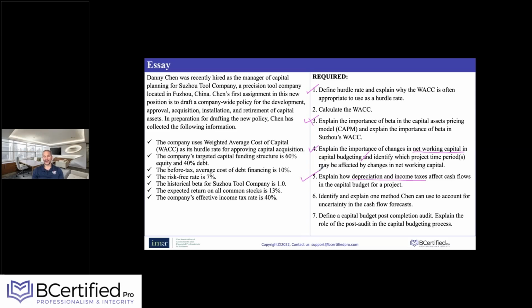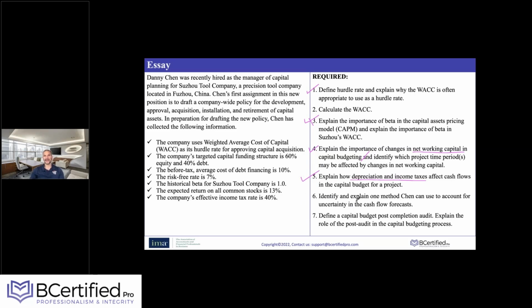So we need to account for depreciation and calculate taxes first, because taxes are cash outflows. They have to be accounted for, thus they reduce our cash position. And then we need to add back depreciation to get our net cash position, because depreciation is a non-cash item and will never be paid in cash. So I already answered number 5.